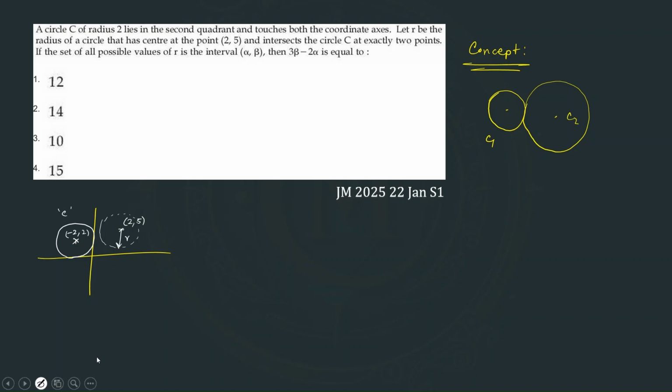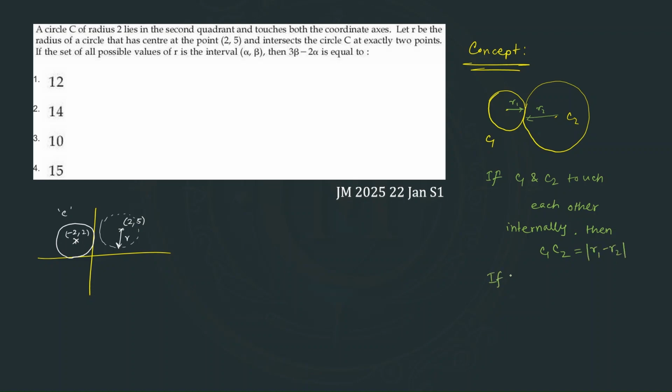Then let's assume the radius of C1 is R1 and the radius of circle C2 is R2. So we can say if C1 and C2 touch each other internally, then C1C2 must be equal to the magnitude of R1 minus R2.